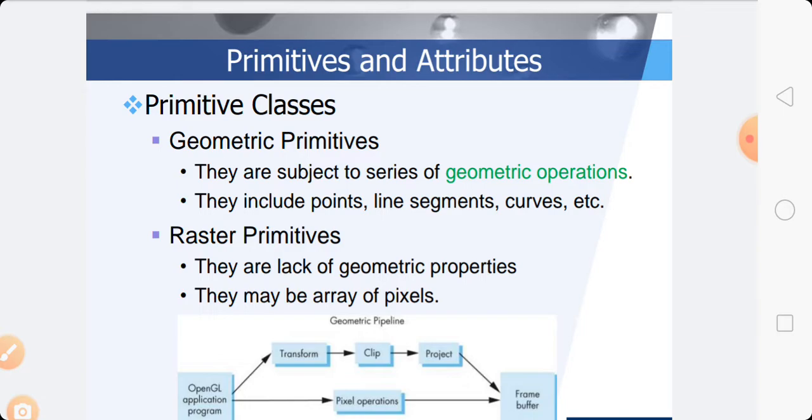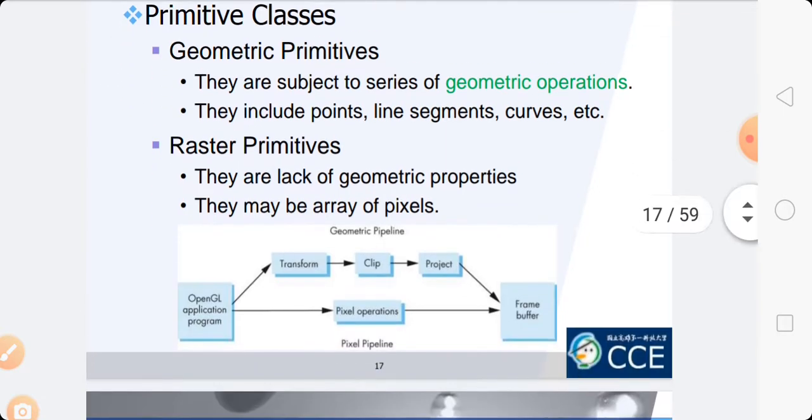They don't contain geometric properties. They may be an array of pixels; only the pixel is there.